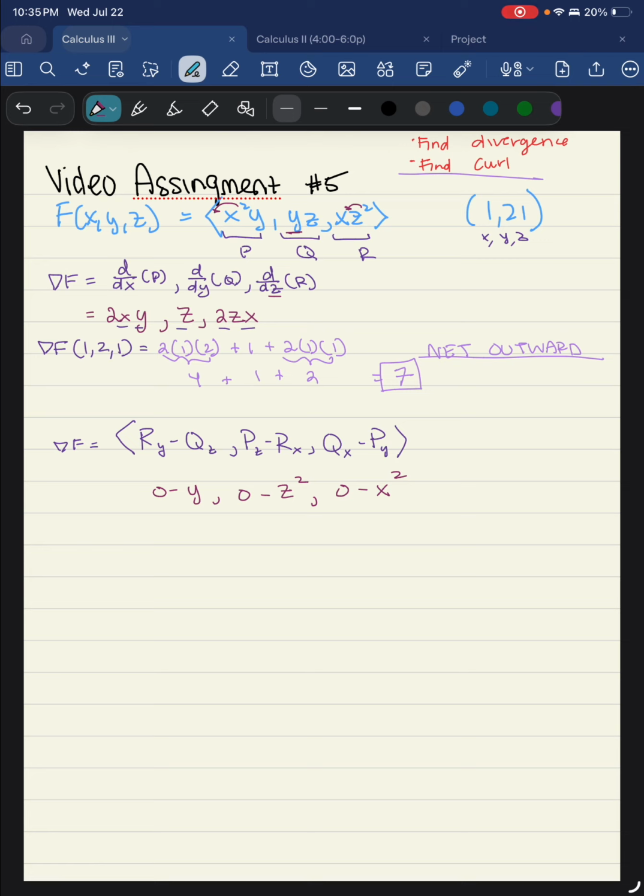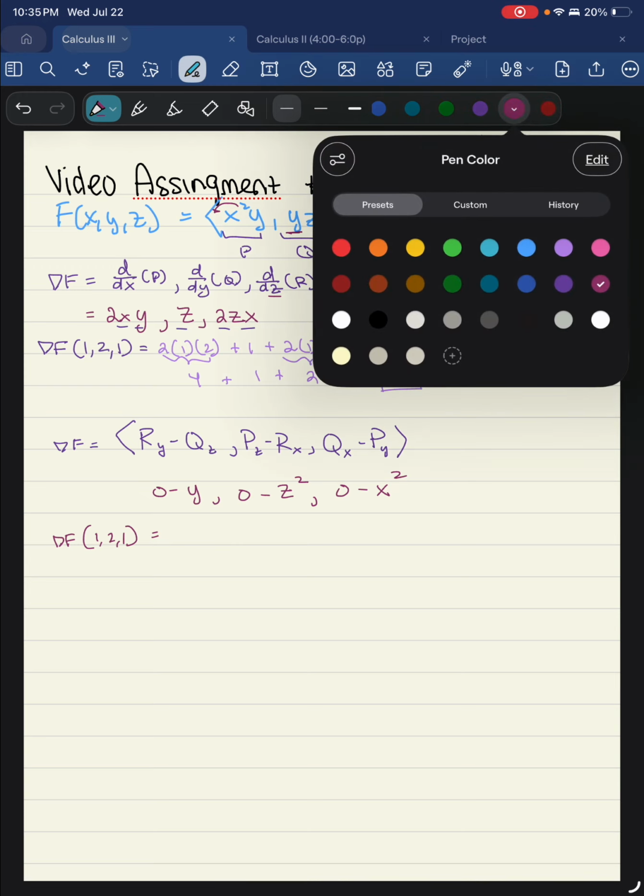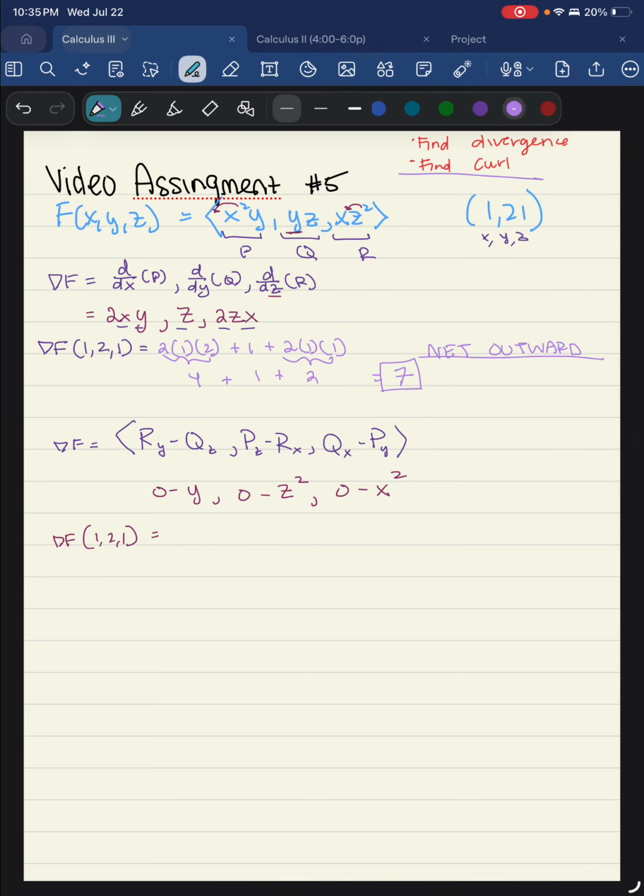Okay, so now we're going to do the function plugging in our points. So we can go ahead and start plugging in our points. So negative y: y is 2, negative 2.